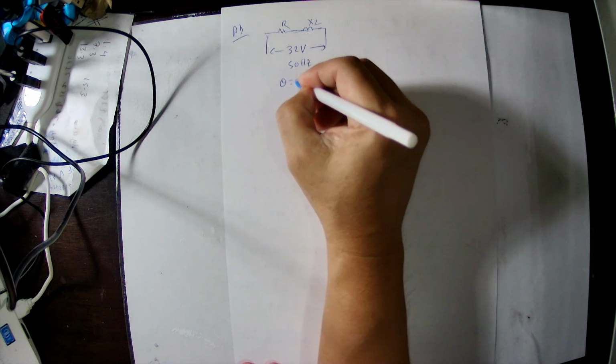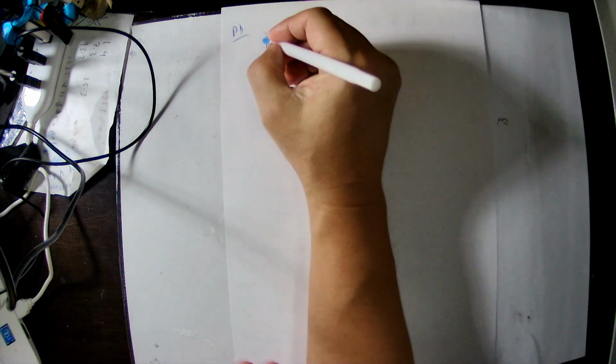In this case, the phase angle is given, 60 degree. So the current flow is 0.333 ampere.